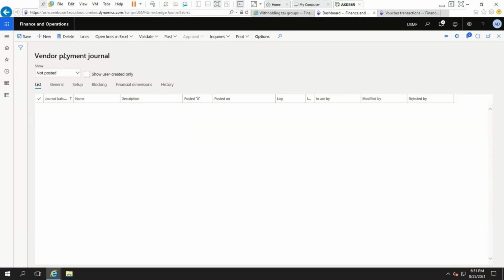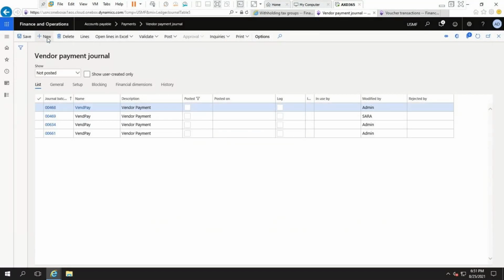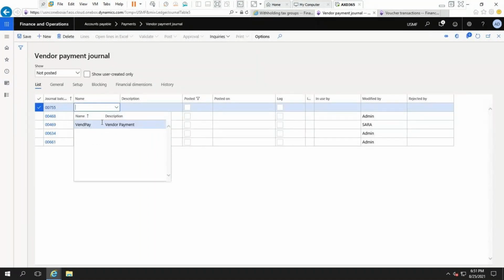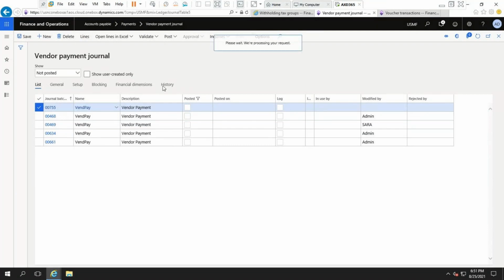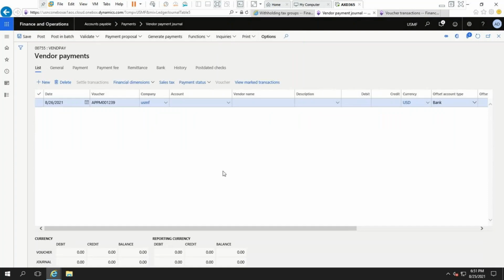If you click on new, select the vendor payment, go to lines, so select the vendor.